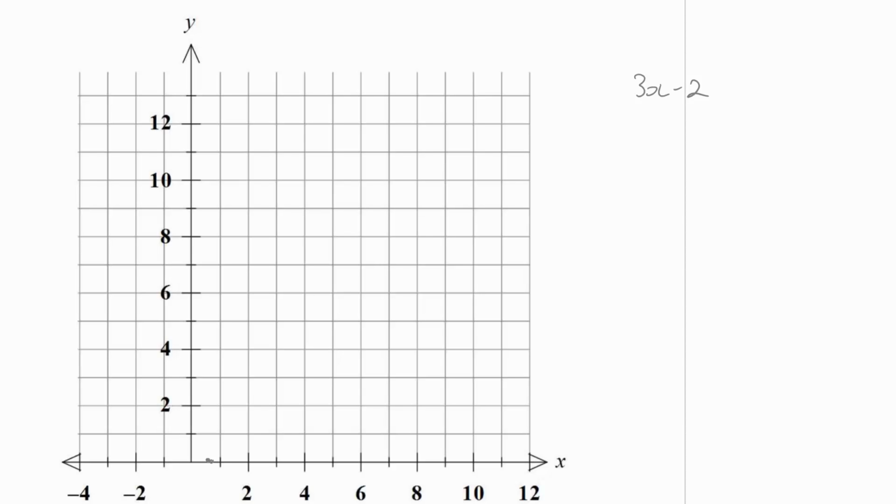And so for 3x minus 2, let's try and get ourselves a couple of points. So when x is equal to 2, that would be 6 take away 2, which is 4. When x is equal to 3, that would be 9 minus 2, which is 7.